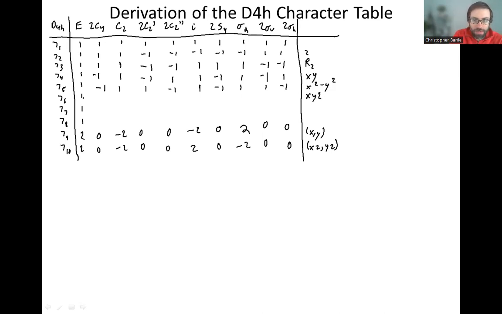So we do 1 times 1, gamma 2 to gamma 4. 1 times 1 is 1, so we already have a 1 written down there. Then we're going to have 1 times negative 1 is negative 1. 1 times 1 is 1. Negative 1 times negative 1 is 1. You can see so far we're tracking the same thing as gamma 5.